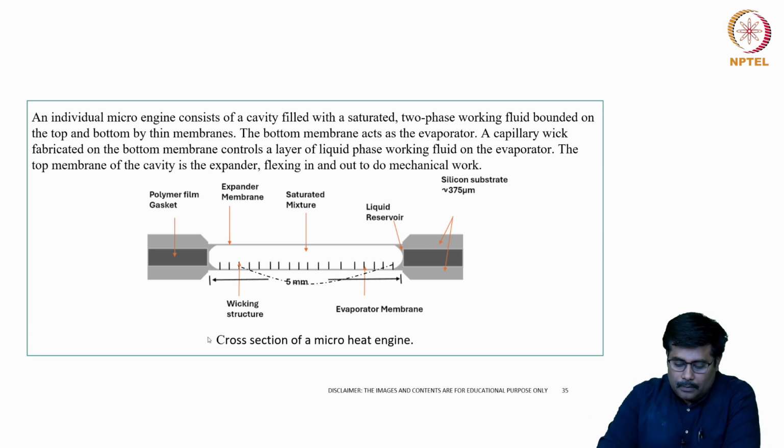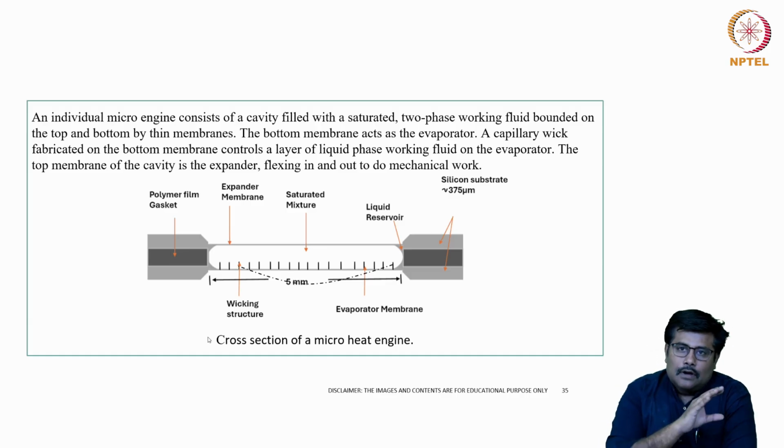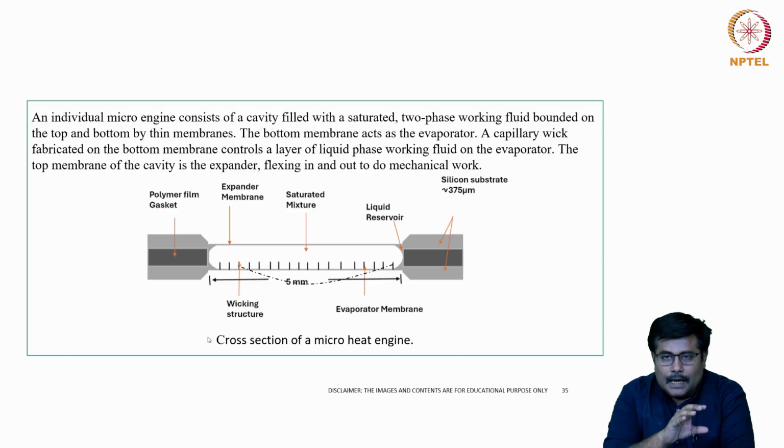Now, there are two important structures: one is a wicking structure, and the other is an evaporator membrane. In this particular case, an individual micro engine consists of a cavity filled with a saturated two-phase working fluid bounded on the top and bottom by thin membranes.